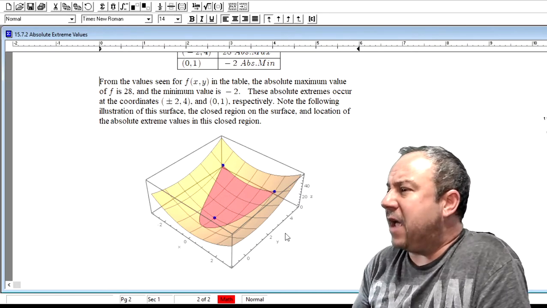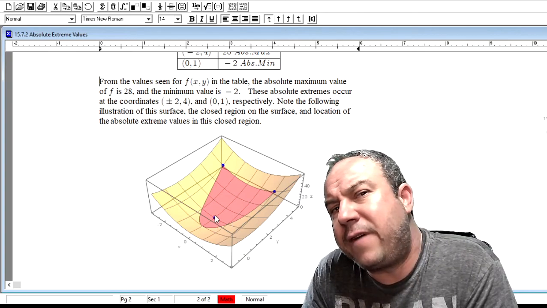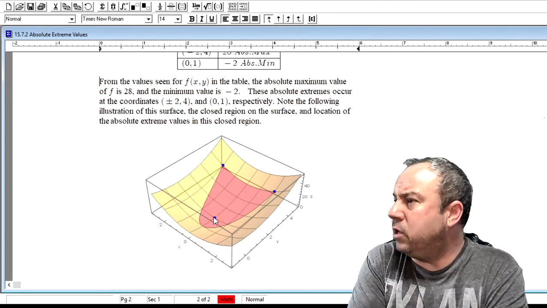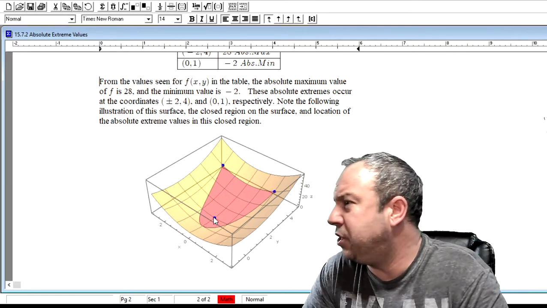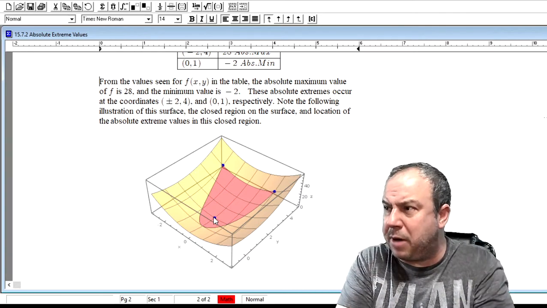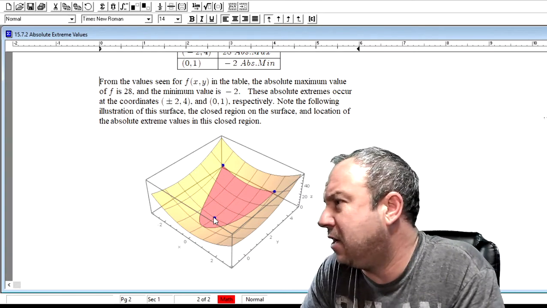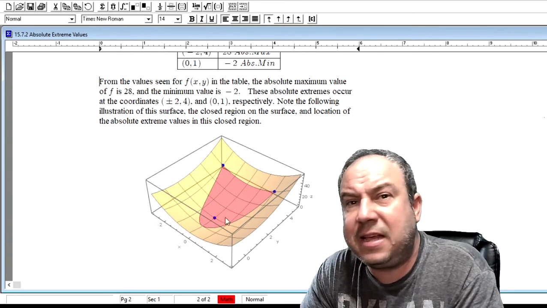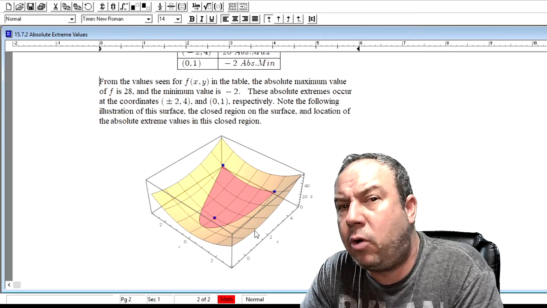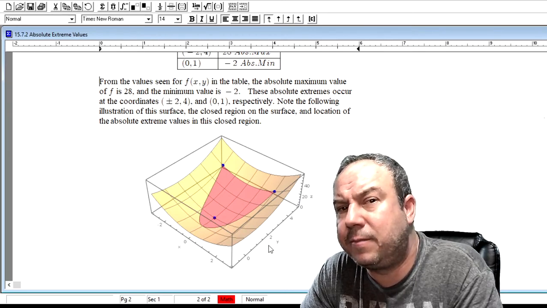What we have found is that this location down here is the lowest point on that closed region in our surface. It's where we reach the bottom of that closed region along the z-axis. It bottoms out at negative 2 along the z-axis, and that occurs at the coordinate 0, 1, respectively.